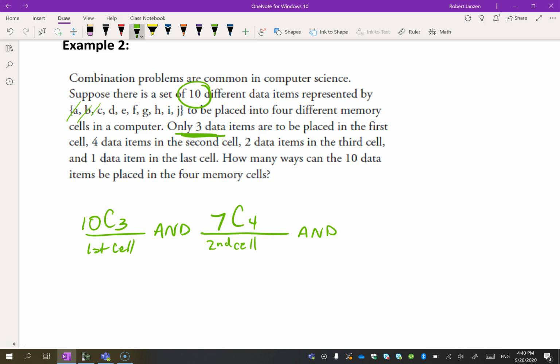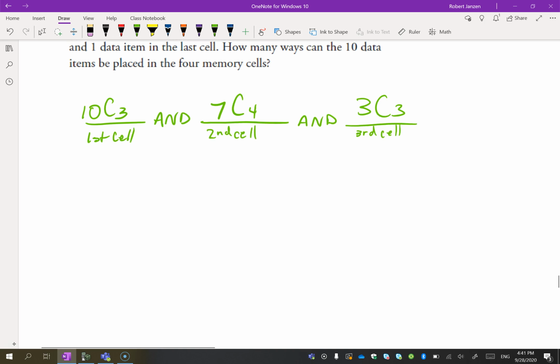Okay, and then what? This is the third cell. I'm supposed to put 3 items in there. The last 3, because I've already placed 3 in here. I've placed 4 in here. That means there are only 3 more to choose from. And if I choose 3 out of 3, that's actually no choice. There's only one way to do that.